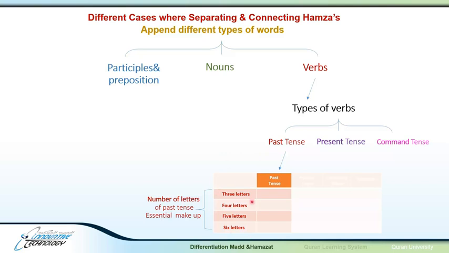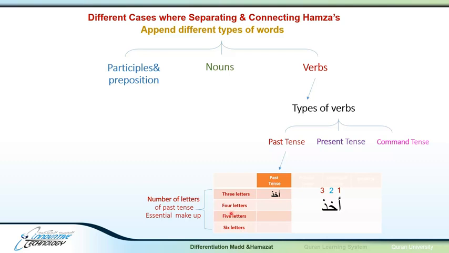To illustrate this, we're going to take examples of past tense with different number of letters. We're going to start with a 3 letters example, the verb akhadha, meaning took. It has 3 letters, a, kha, and the third letter is the. So it's a 3-letter past tense.